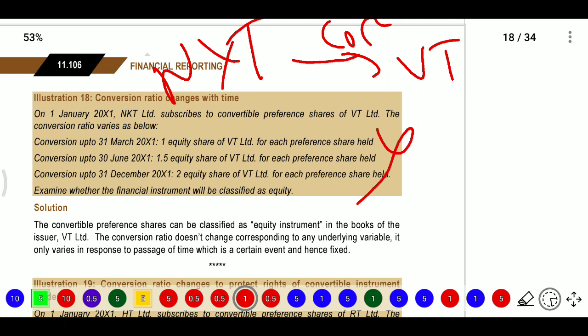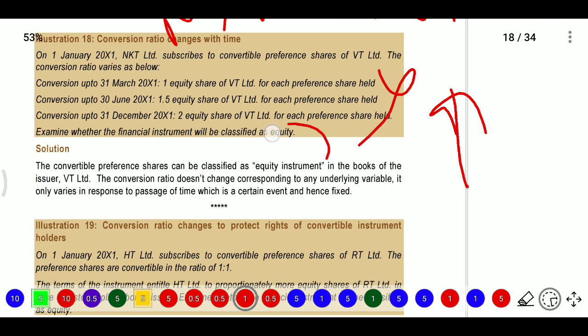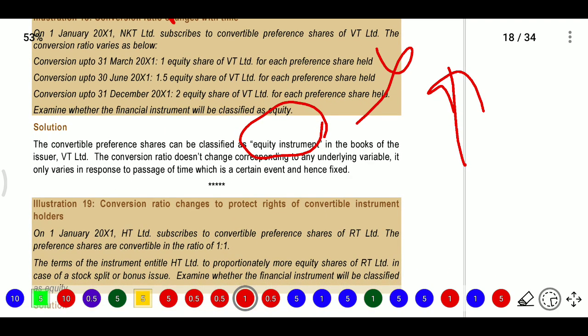Fair value means it may vary, so there is risk, and when there is risk, it will become equity. Conversion may happen 1:1, 1:5, or 2:3. So the convertible preference shares can be classified as an equity instrument in the books of the issuer, VT Limited.